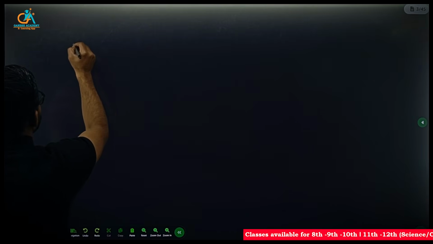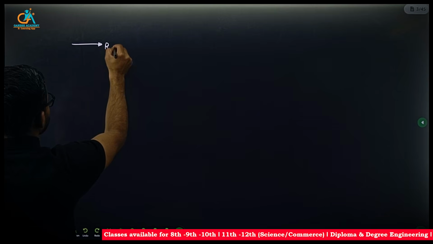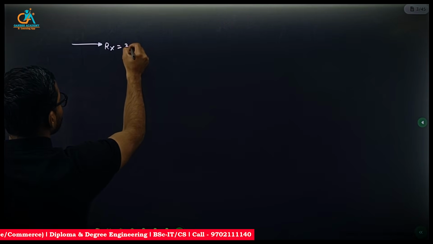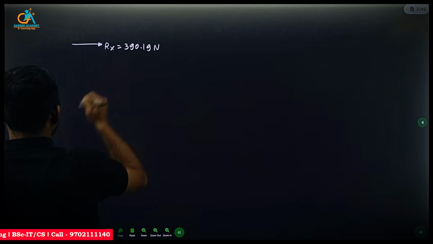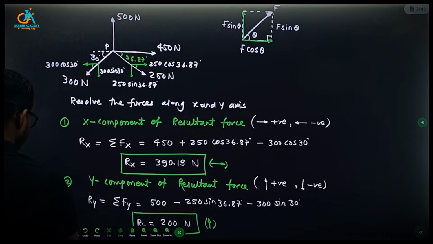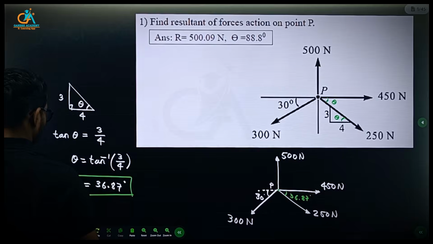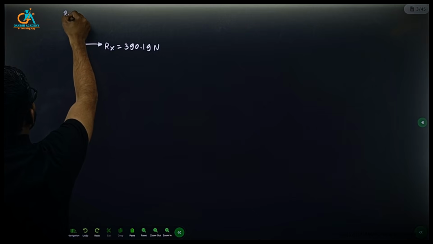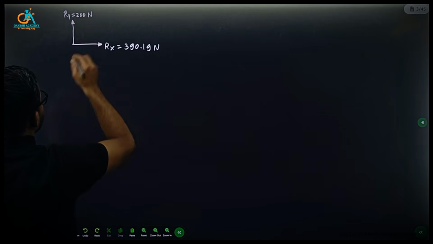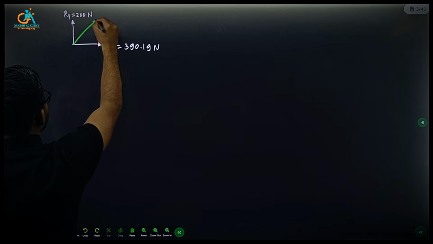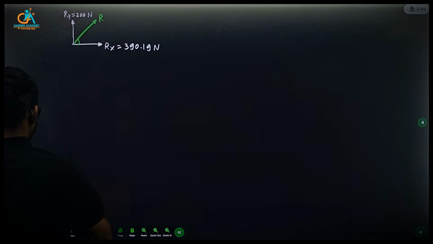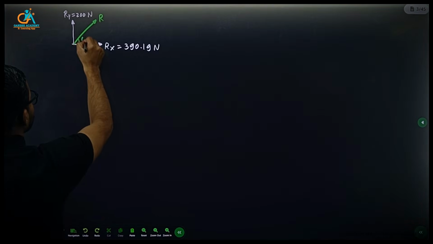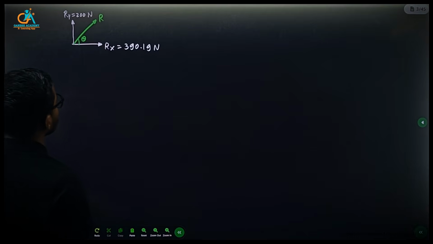So Rx is towards right, 390.19, and Ry is upward 200 Newton. And the resultant should be somewhere here at an angle. You can assume any angle, let's say alpha, theta. Okay.